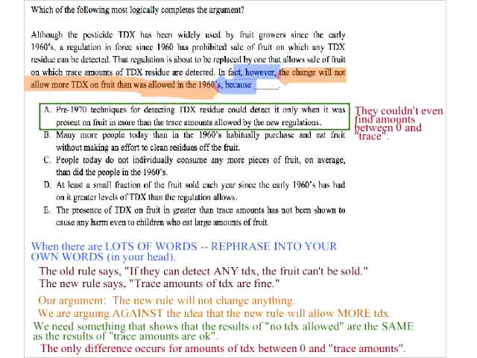So in other words, under the new rule, these amounts are okay because the rule says they are okay. But under the old rule, these amounts were okay because they couldn't find them. So they would be fine. It does matter that it's 1970 because it says it will not allow more X than in the 60s. So it's a comparison between the new rule and the 60s, not the new rule and the whole old rule.